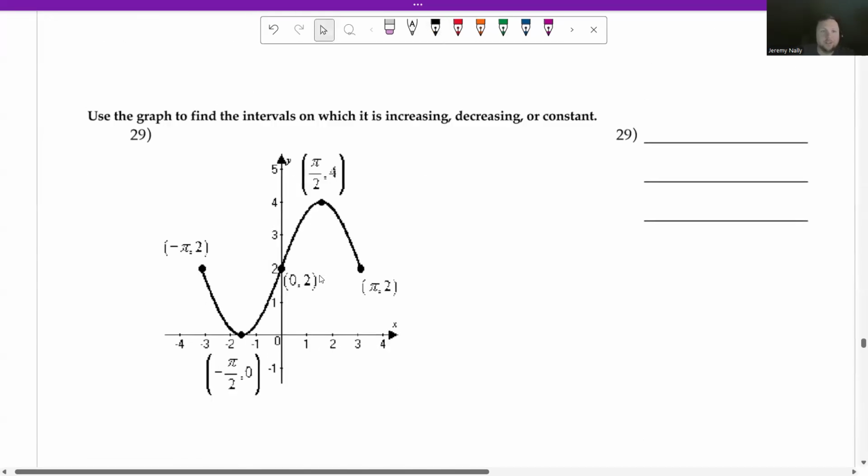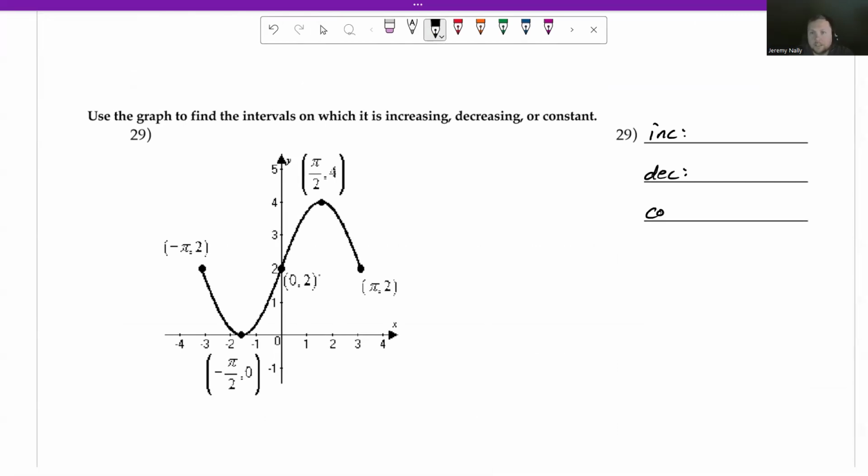Use the graph to find the intervals on which it's increasing, decreasing, or constant. So increasing, decreasing, constant. So increasing, I can see it's from here to here. We can see that it's increasing.